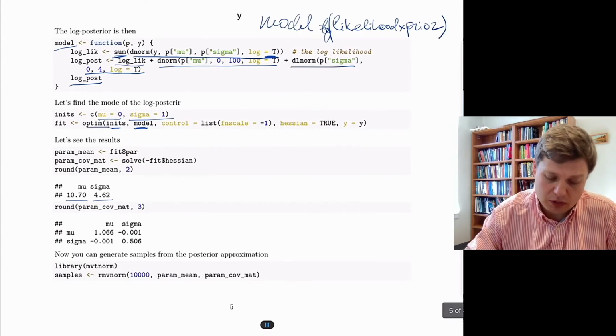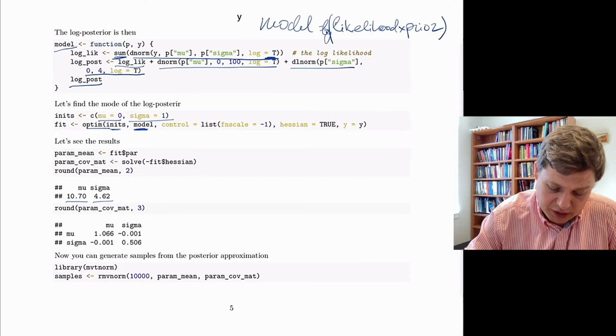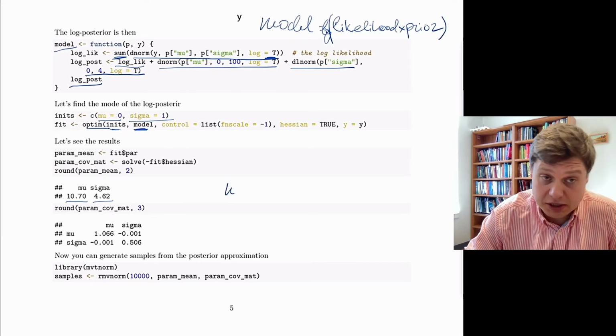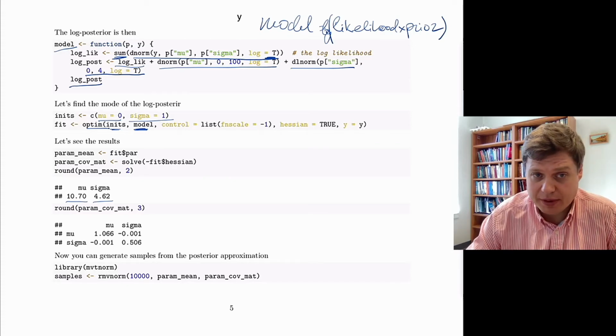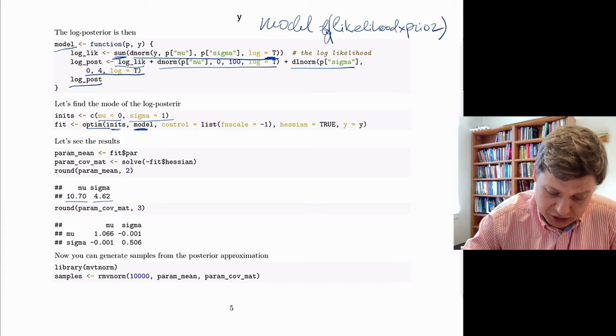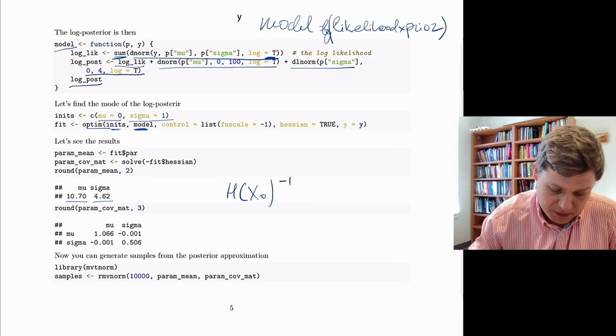And now we need to calculate the covariance. You remember the covariance is the second derivative raised to the power minus 1. And in this case, we have two parameters. So the second derivative is actually the Hessian matrix evaluated at this value x0, the value of the maxima, and then we have to take the inverse of it.